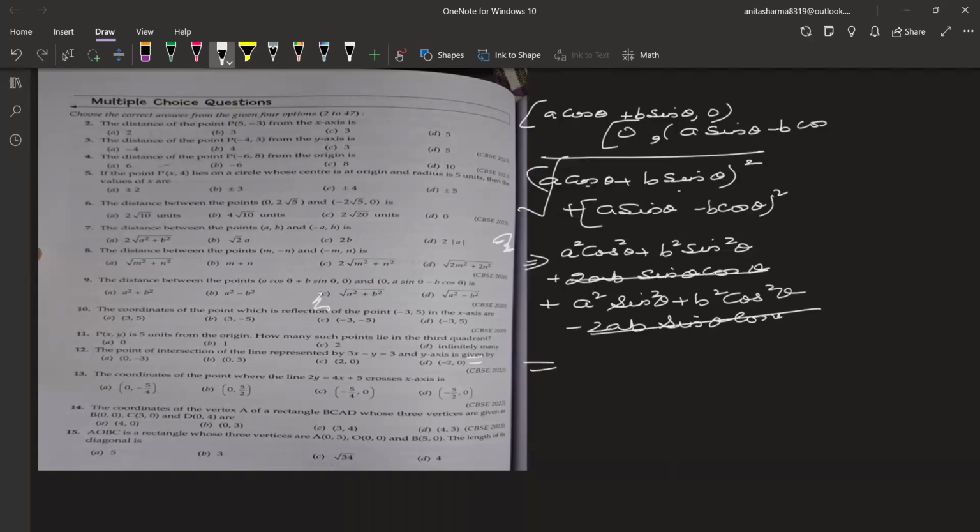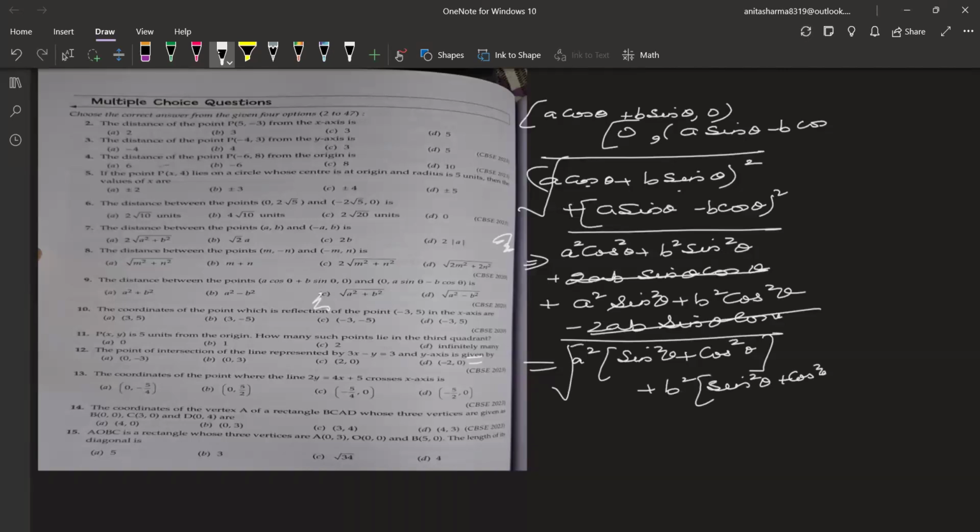And you can take A square common and then sin square theta plus cos square theta. This was the identity, na, in trigonometry. It is equal to what? 1. Yes, children. 1. It will be 1. So your answer will be under root A square plus B square.